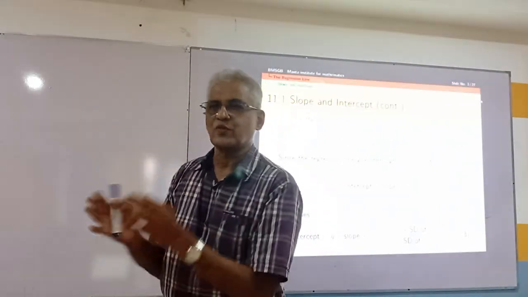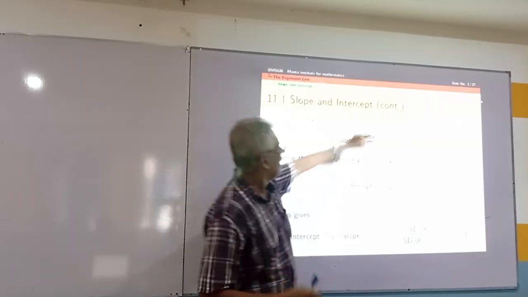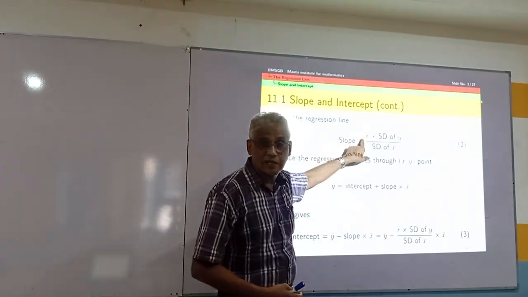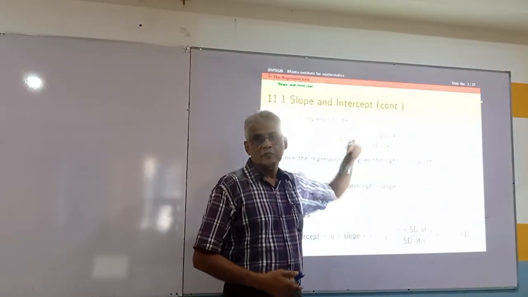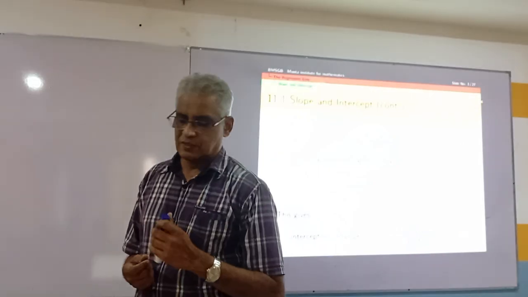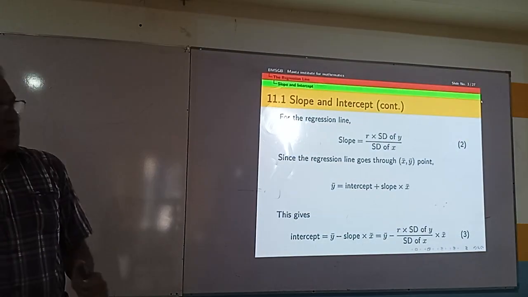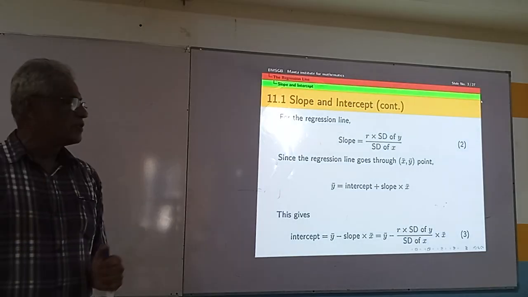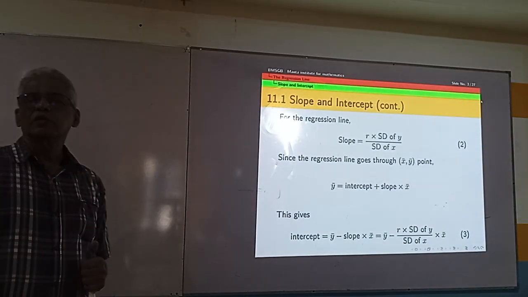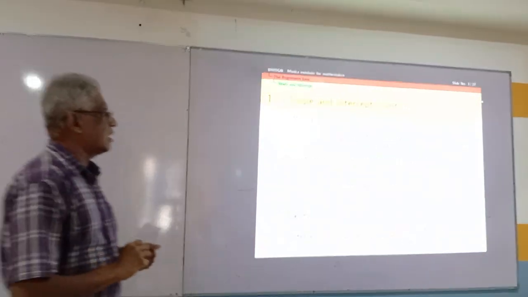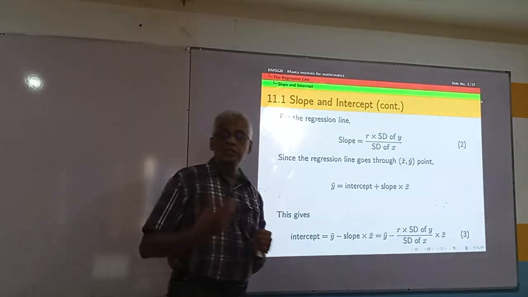Once you get that, you break it down and see that the value is actually r times sd of y divided by sd of x. So you can give an interpretation like that: if you increase x by 1 standard deviation of x, y on average changes by r times sd of y in the least square method.